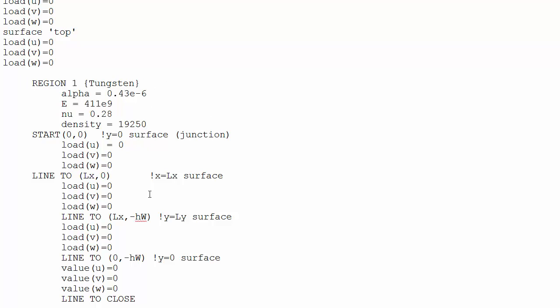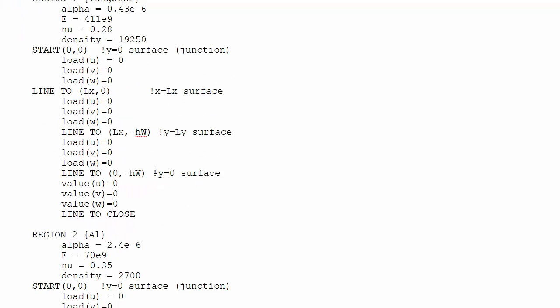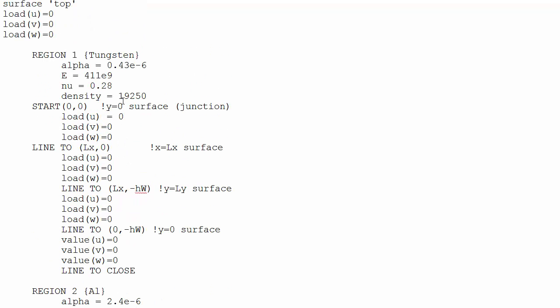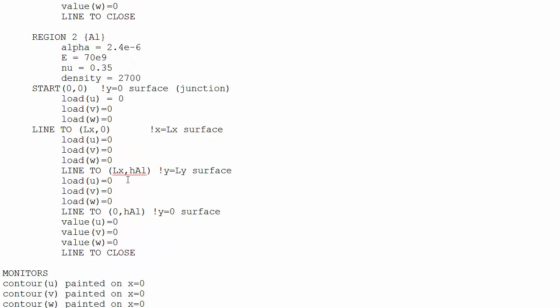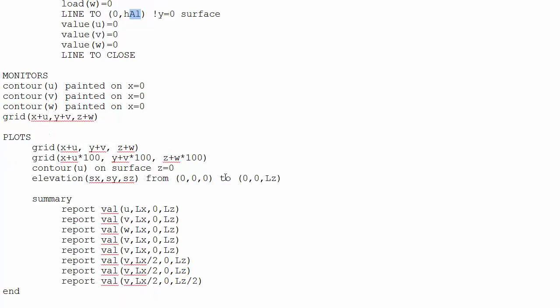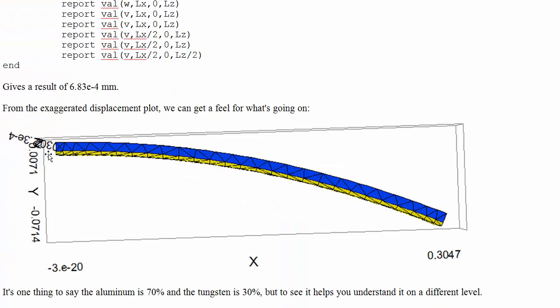This one, we've got one plate bonded to another one, so we're going to set the tungsten as being a rectangle that goes in the downward direction, and then aluminum goes in the upward direction, so it's the top part of this beam. Plotting all of that, we get the following deformation, which matches the tip displacement that we were predicting.